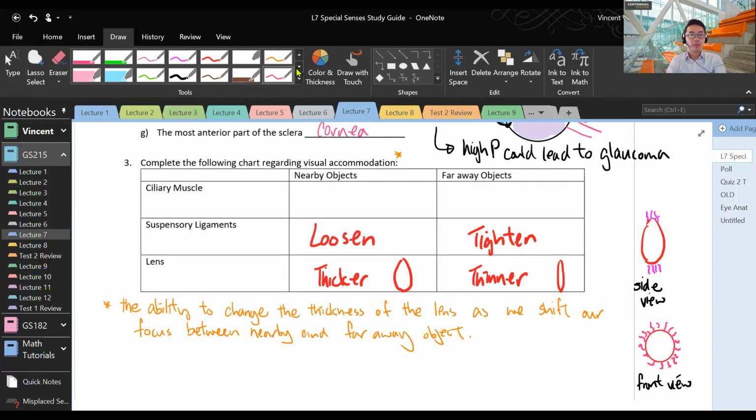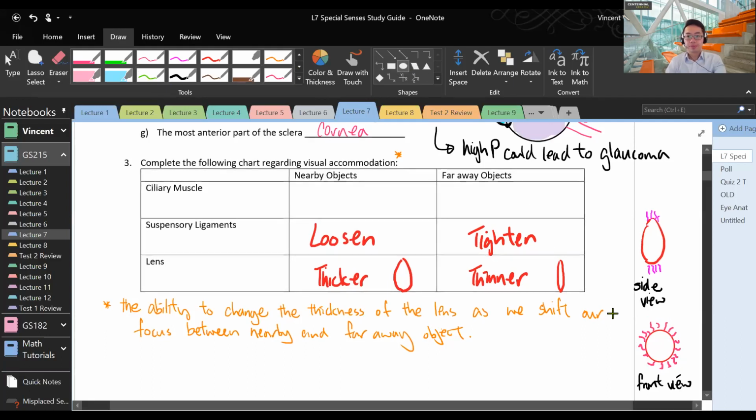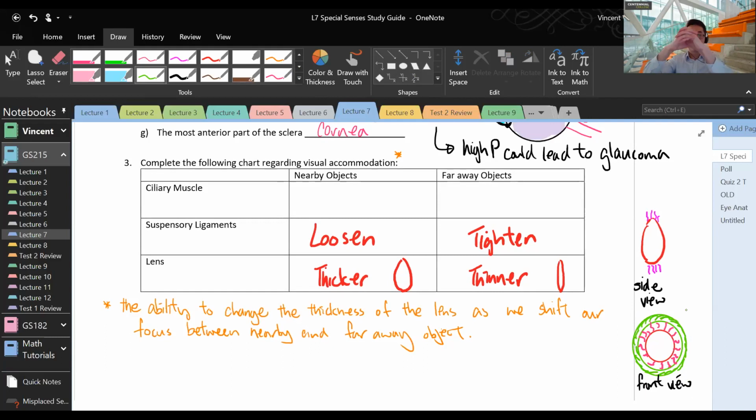Okay, so let me maybe use a different color to show it. Yeah, so there is going to be the muscle that goes around the eye. Now it's important to know that these muscles are a ring of circular muscle. Okay, so when it contracts, it kind of grabs onto each other and then it makes the circle smaller. Okay, when it contracts, the circle gets smaller.